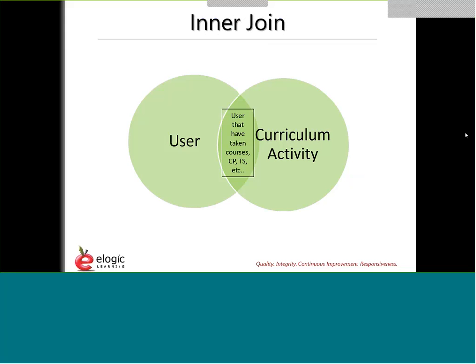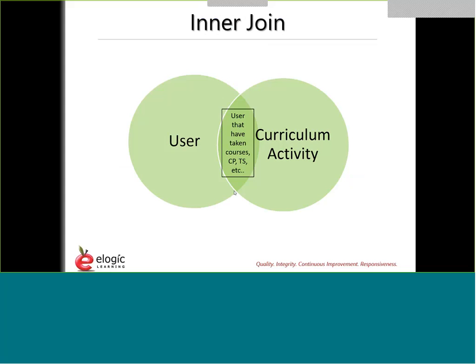What is an inner join? It's going to take those 2 data sources, and say, for example with the user data source, user ABC took curriculum 1, 2, 3. It's going to provide you with data that matches in both data sources.